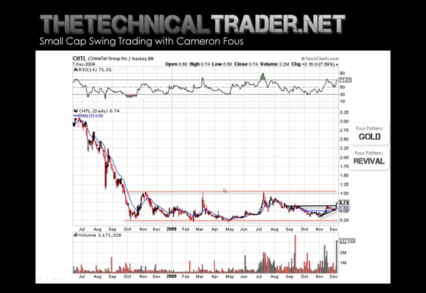But as with these gold patterns, it's very possible for a stock to break out from $1 to $2 per share. And we got in this stock early at 69 cents as this was a great looking revival pattern.